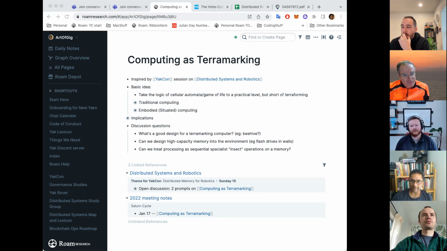So the example I came up with for terra marking is actually terra marking on water. Water is a very difficult environment to mark, since you can't drop pebbles or otherwise leave markers. You can have buoys and things like that, but it's fundamentally a tougher environment. But I was thinking of Polynesian wave navigation. I have a book on that. It's a fascinating subject, maybe just behind me somewhere.